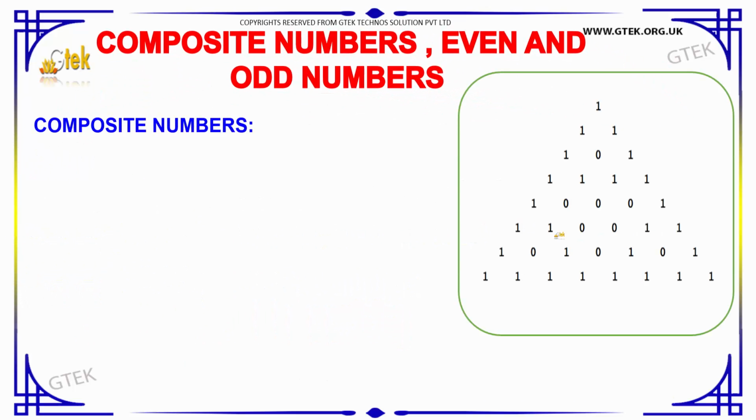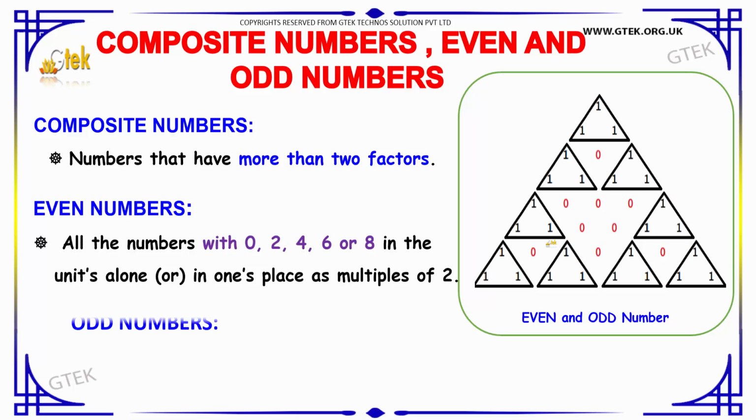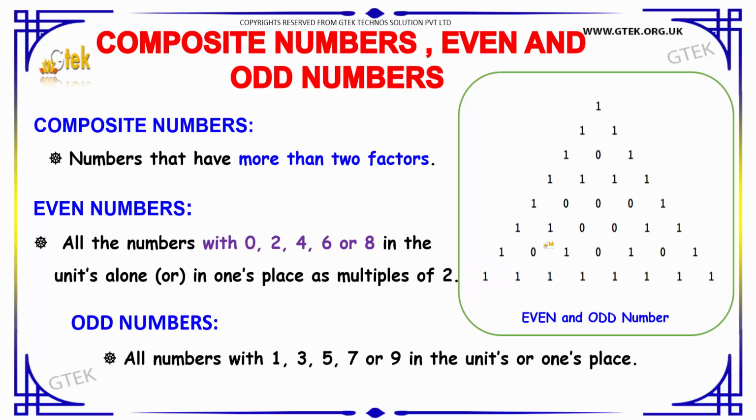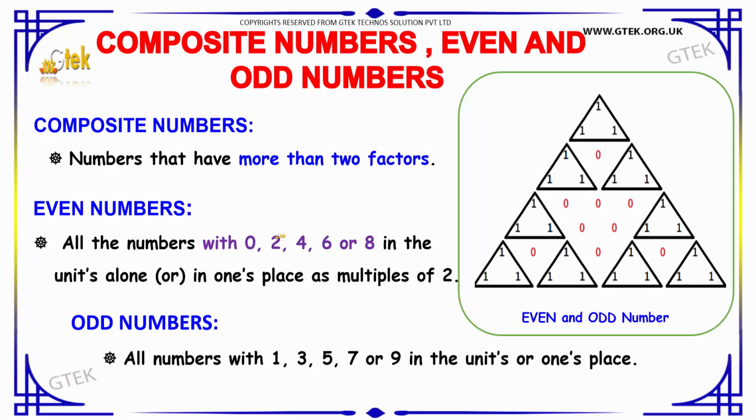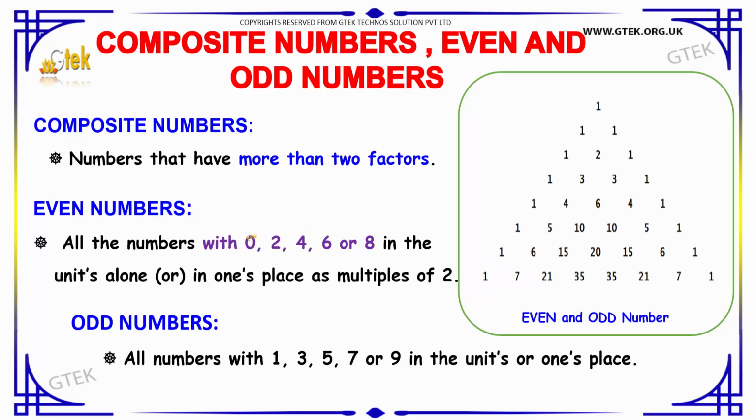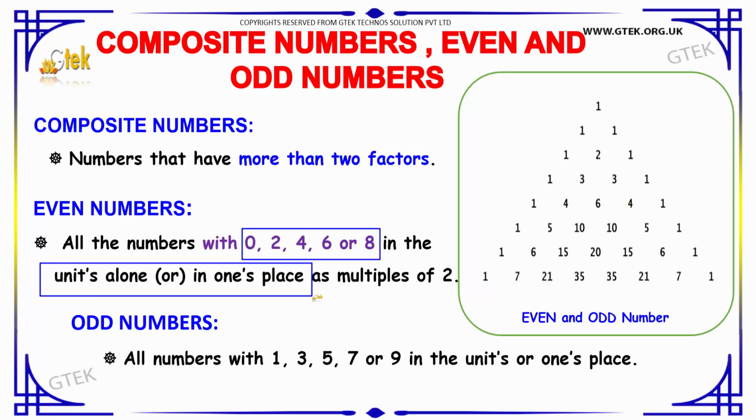Next, we are going to study about composite numbers, even and odd numbers. Composite numbers are the numbers that have more than 2 factors. That is, 1 and itself and many other factors. Each and every number which ends with 0, 2, 4, 6 and 8 in units place or in ones place is said to be a multiple of 2.